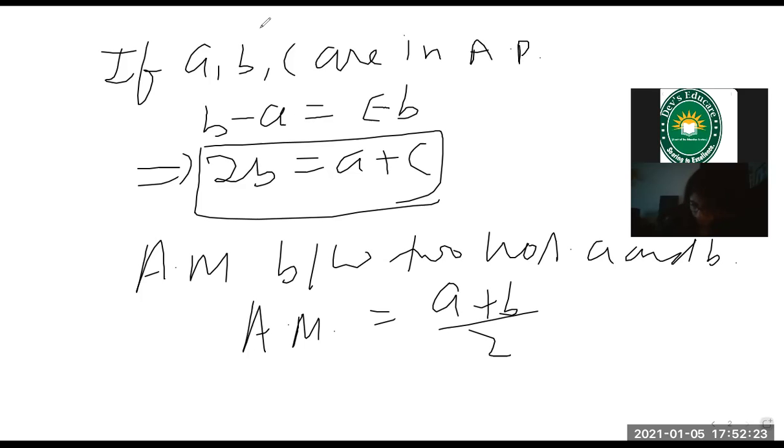What else? One more concept that helps to find the AP: in questions, if it is given that three consecutive terms are in AP, how will you consider them?